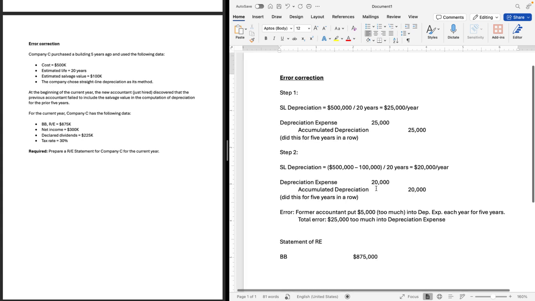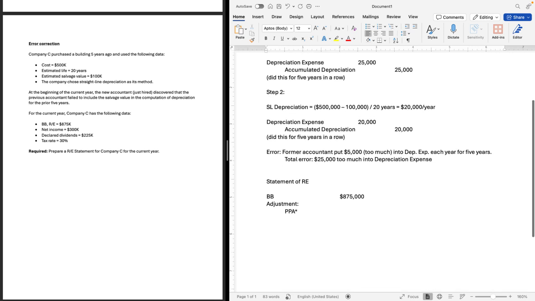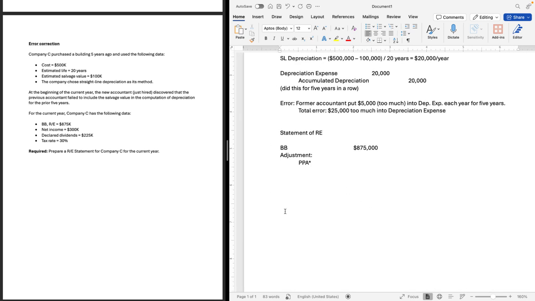So you're going to have another line here after the beginning balance, and this is going to be called adjustment. And this is going to be called a prior period adjustment. So, prior period adjustment. Push that down here a little bit. PPA stands for prior period adjustment.